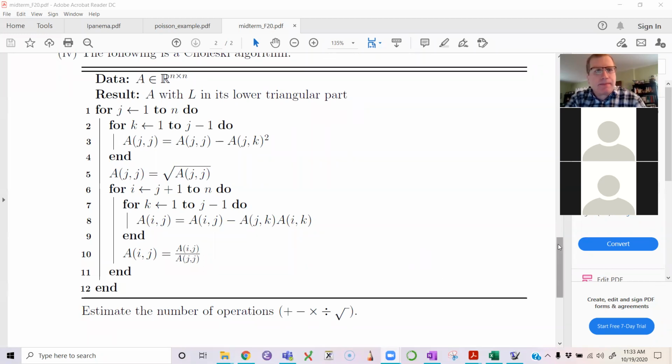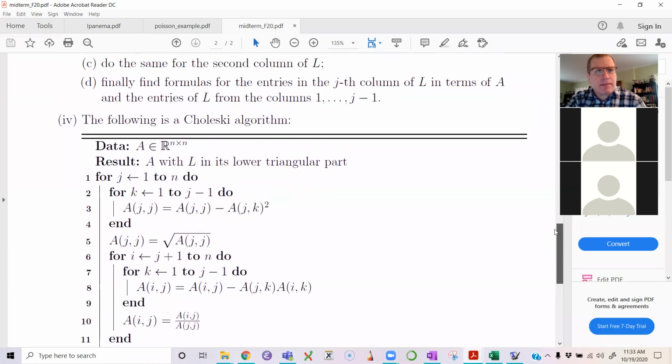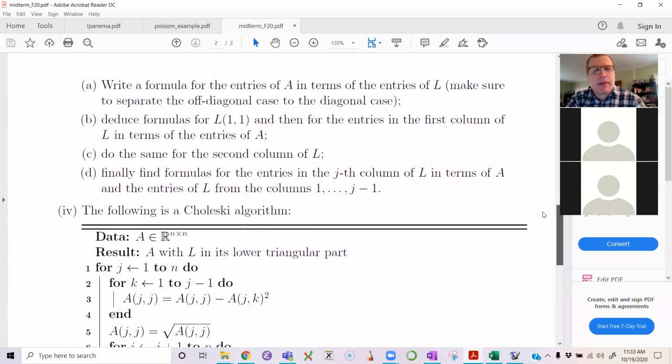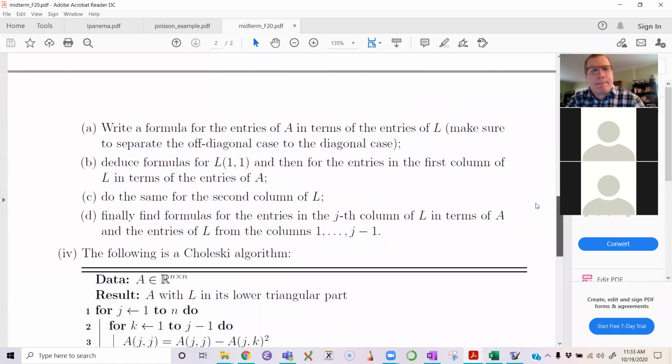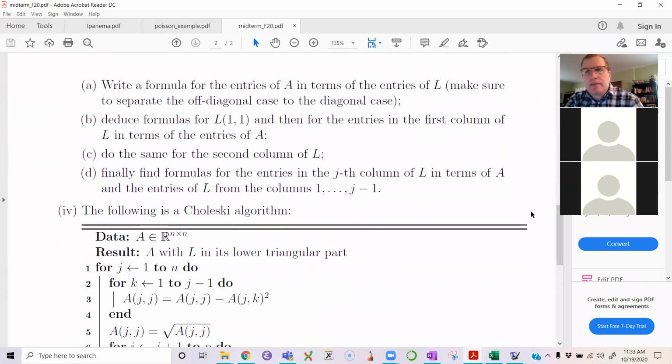So it's in part 3 here, where it's to write A in terms of L. When you go to index into L to form A, you're multiplying these terms, and some of the terms are transposes of the others, so the indexing flips on them.